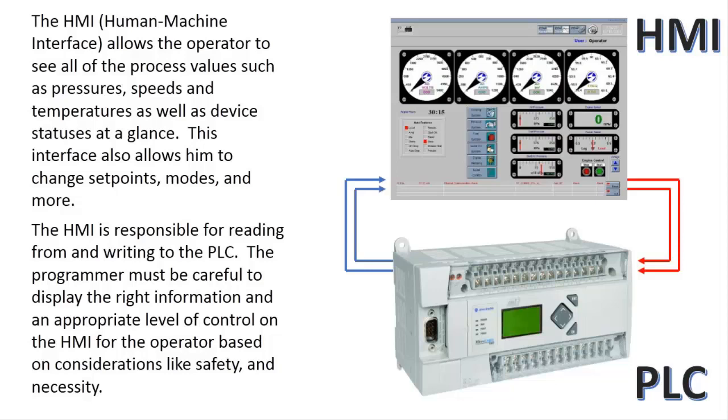We want the operator to be able to establish set points and control alarms and acknowledge events, and all of that happens at the HMI. So the HMI is a huge part of a system. It's a critical and oftentimes necessary part of the system, and it's one that comes in a lot of different forms and requires a lot of consideration on the part of the programmer.